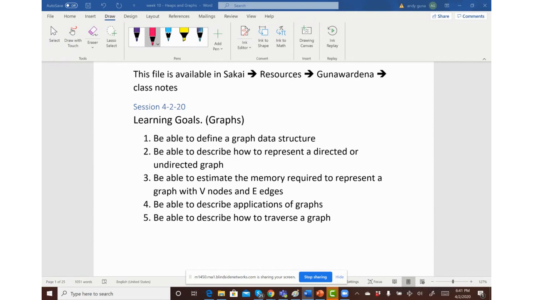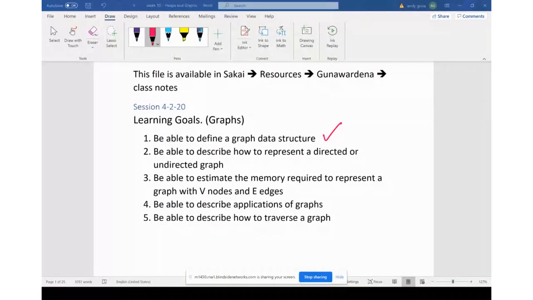Okay, thank you. All right, so learning goals for graphs are going to be able to graph data structure. You have to define what a graph is.